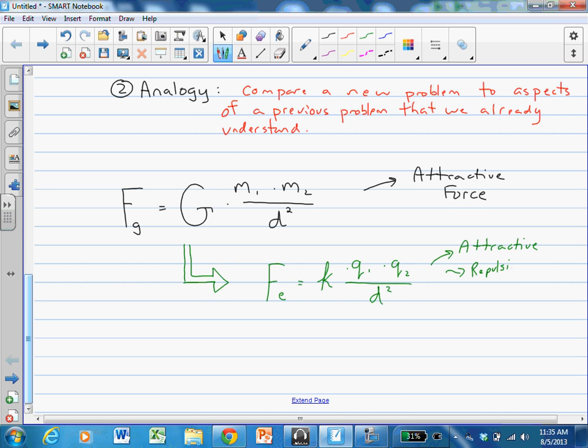The electrical force is based on charges, and the gravitational force is based on mass. So those are just two ways of constructing and making models, and we'll do one of those in class.